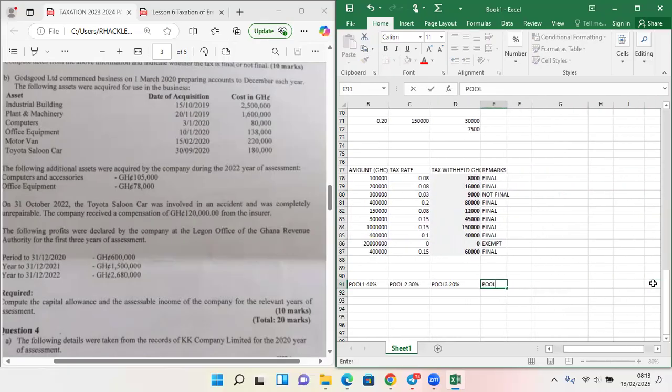Pool four, which will be 10%. And because there's no pool five in here, which is intangible, we leave it there. And this will be our total.